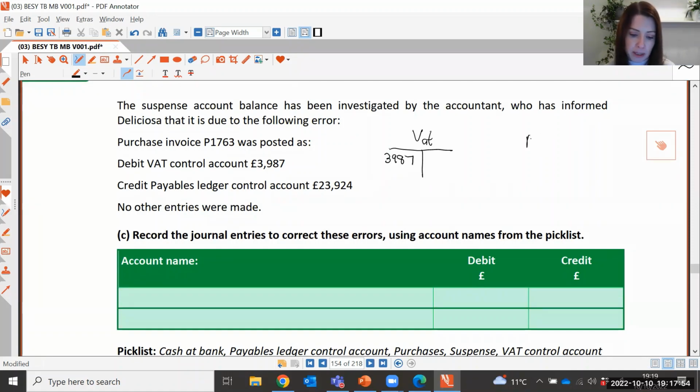So we've got payables ledger control account. It's a liability. So of course, with a purchase invoice, it's going to increase the amount that is owed to our suppliers. So therefore, it's going to be on the credit side.